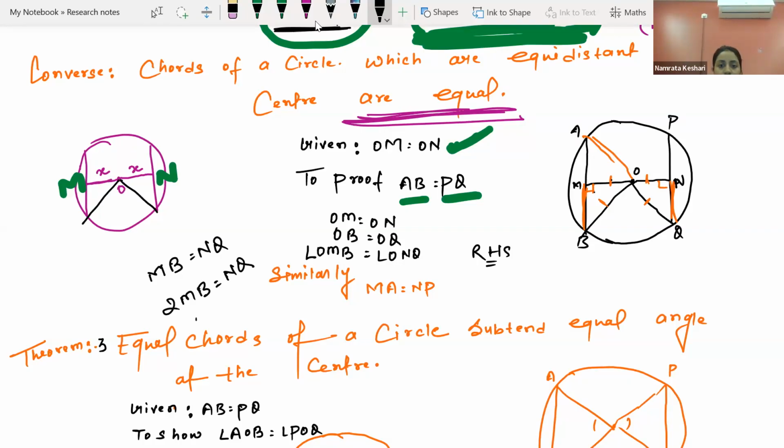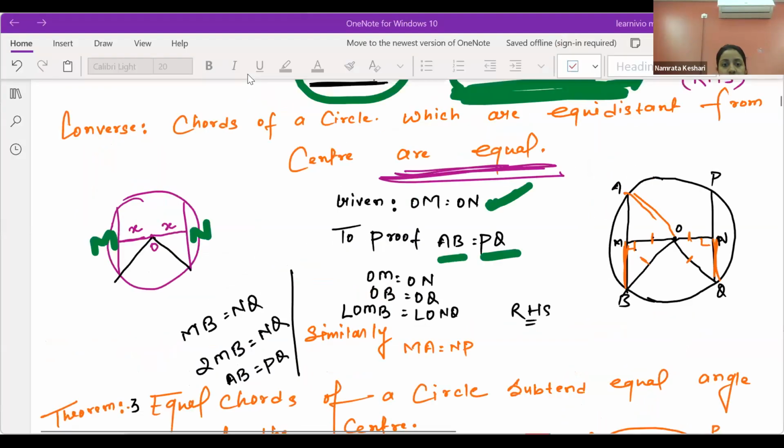Yes, ma'am. From here we are saying that AB and PQ are equal. Does anyone have any doubt over here? Okay, let's continue.